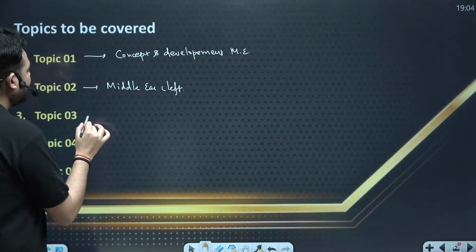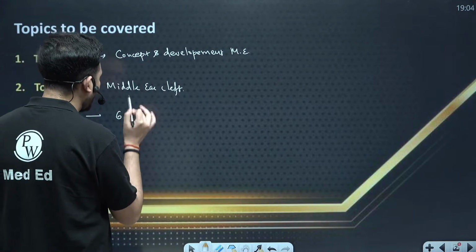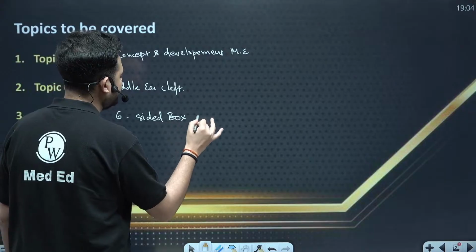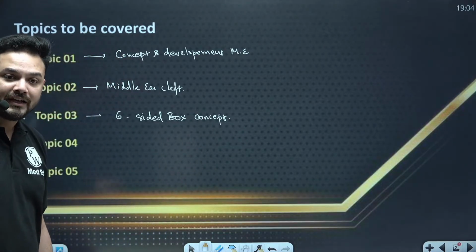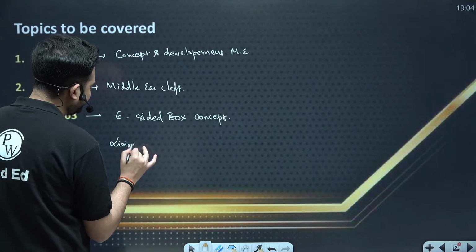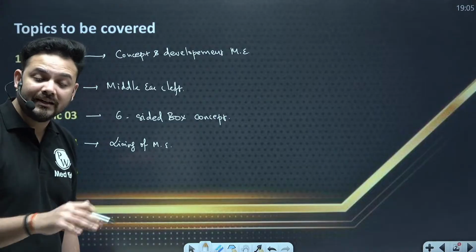After that, we are going to go into more detailed anatomy and we will see what this six-sided box concept of the middle ear is. We're going to read about that. Then we are going to see the lining of the middle ear, the epithelium of the middle ear.